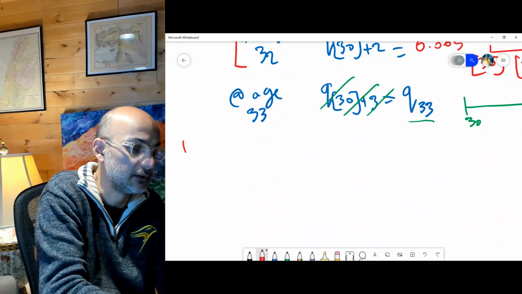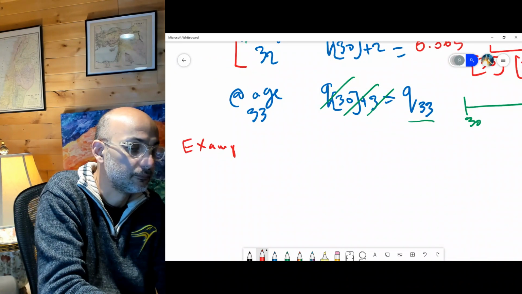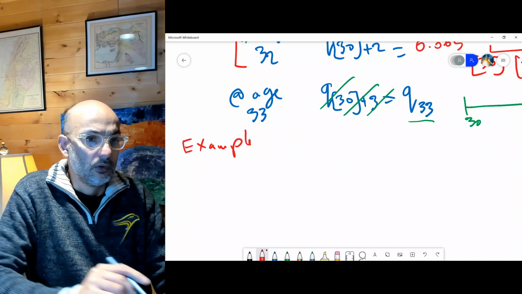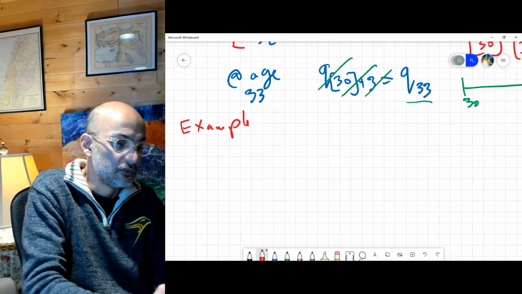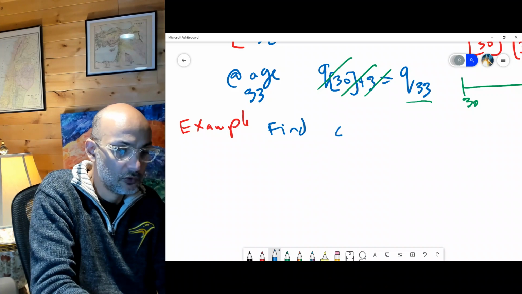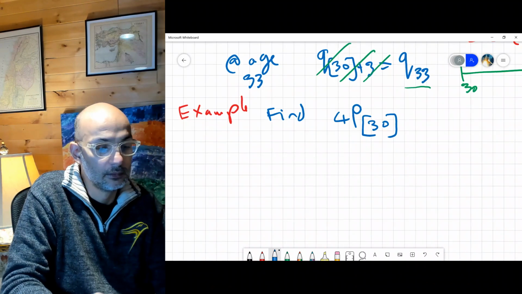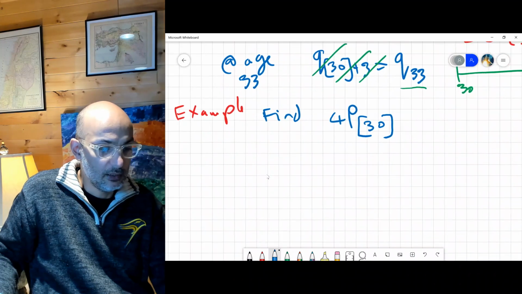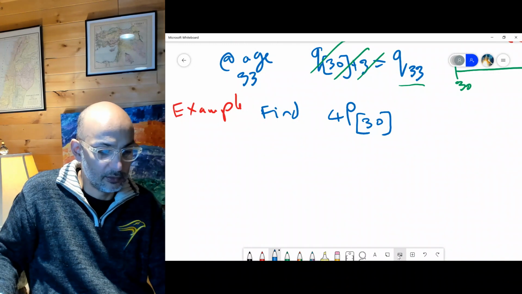Let's take an example here. What I wanted to do is to find P30. Let me have the same image one more time, so I don't need to keep going back.